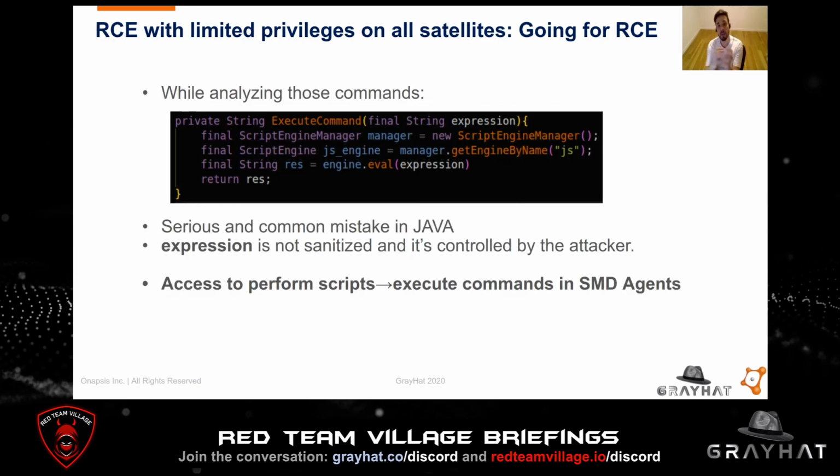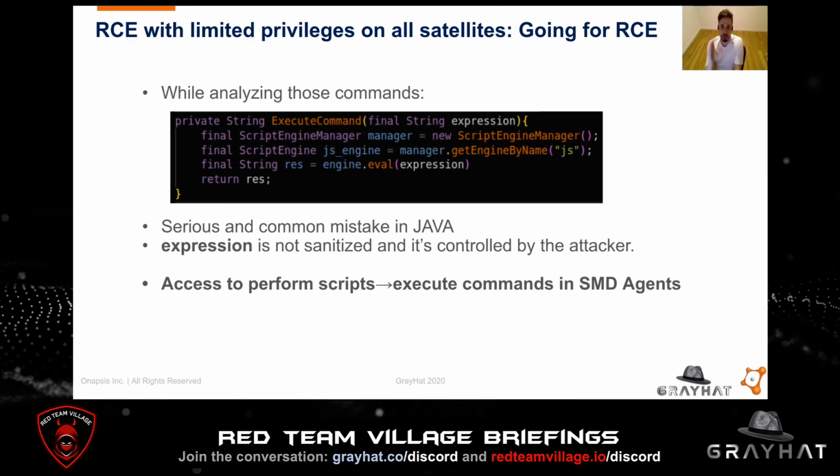Finally, we got one that was vulnerable to remote code execution. We believe that something like the snippet shown was happening. This command was interpreting or evaluating JavaScript code, and it was actually executed.